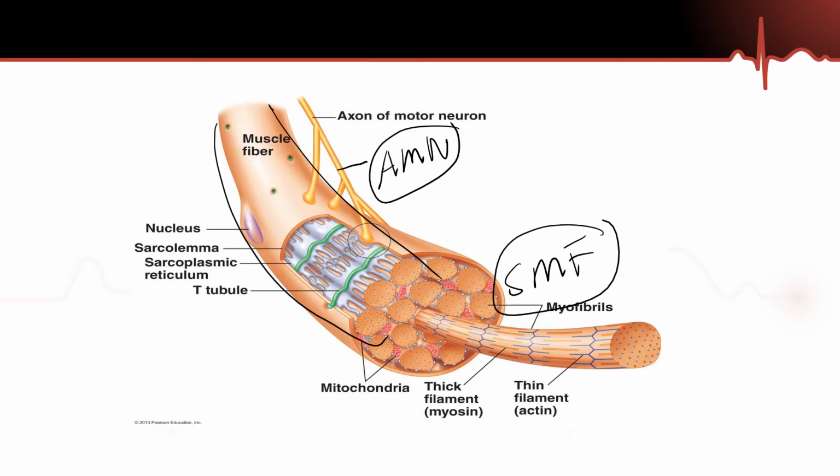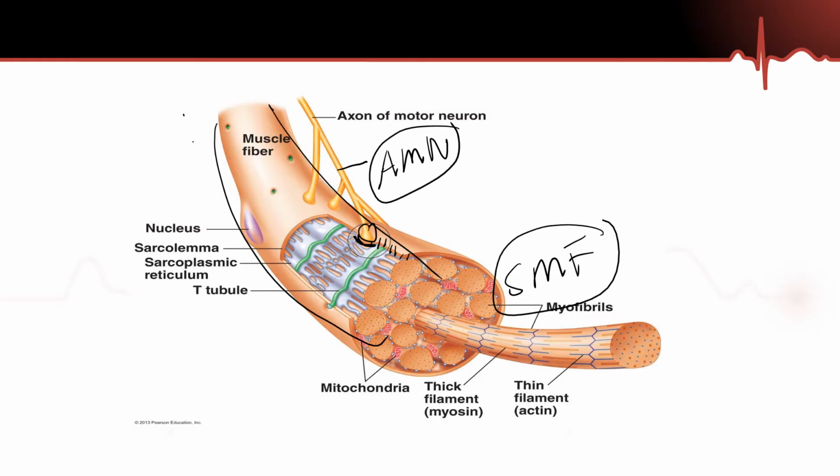And a big part of it is what we actually went over in the lecture, and that is the voltage-gated sodium channels within the skeletal muscle fiber plasma membrane lie right next to the motor end plate, right next to the plasma membrane that's underneath the axon terminal button.